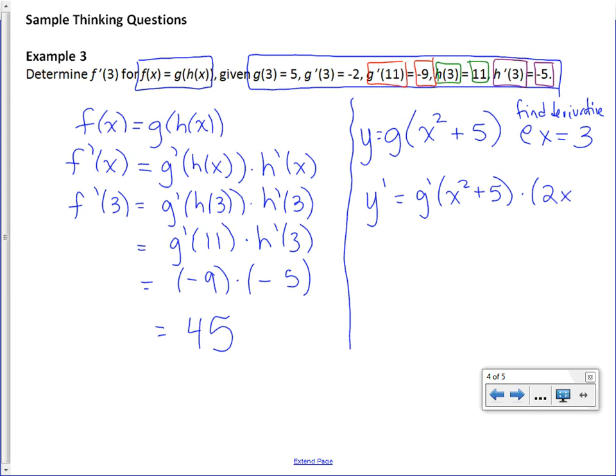Instead of the inside being a generic function, I've told you a specific function. Can I put in 3? Watch the magic, guys. G prime at 3 squared plus 5 times 2 times 3.